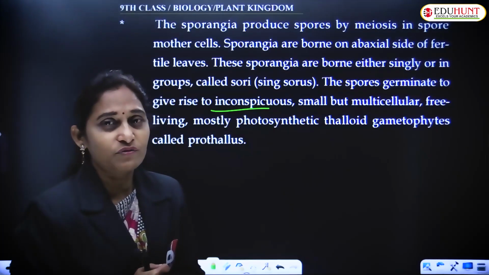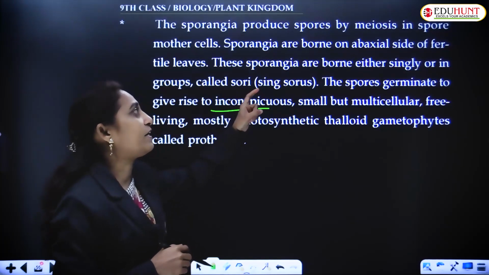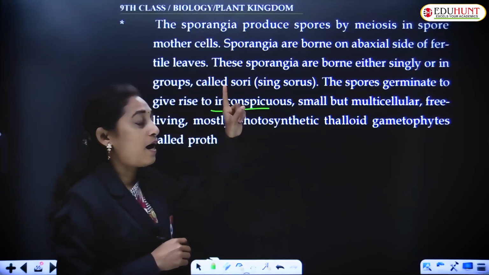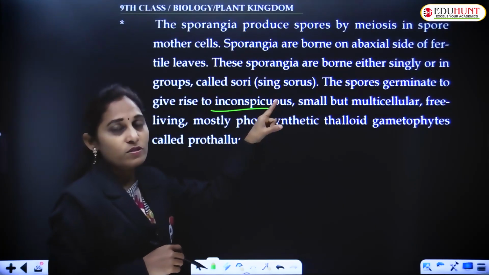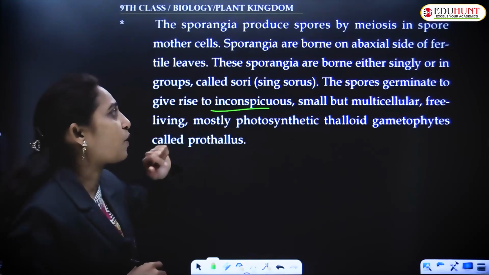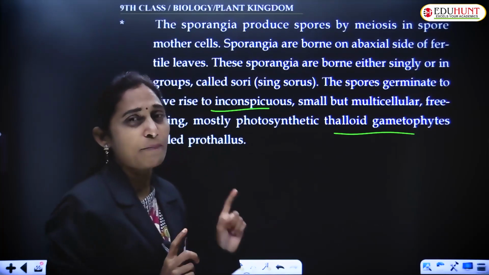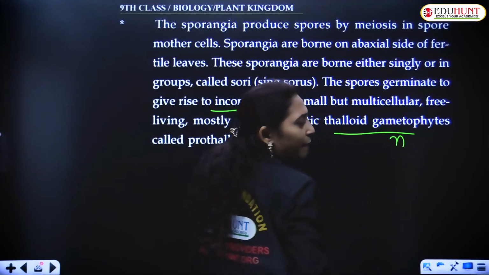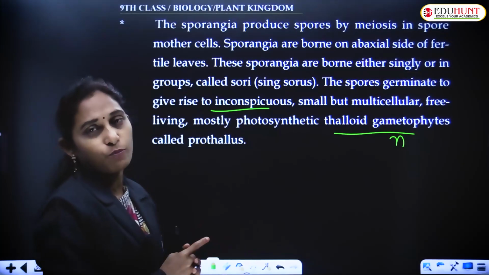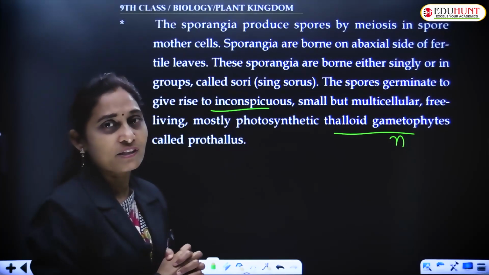In alternation of generations, we said gametophyte to sporophyte, and sporophyte to gametophyte. Here, the sporophyte plant produces spores after the spore mother cells undergo meiosis, and the resultant spores are haploid in nature. They germinate to produce thalloid gametophytes which are haploid. Always remember, gametophytes are haploid. Sporophytes are diploid. From sporophyte to gametophyte, gametophyte to sporophyte, they keep coming one after the other in the life cycle. This is what we call alternation of generations.